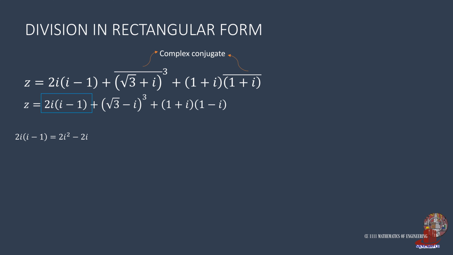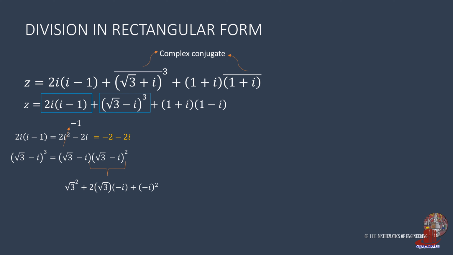Simplify each term starting with 2i times i minus 1, which gives 2i squared minus 2i. i squared is taken as negative 1, resulting to negative 2 minus 2i. The second term is the cube of the root of 3 minus i. Solve this by separating the quantities into lower degrees to easily simplify them.